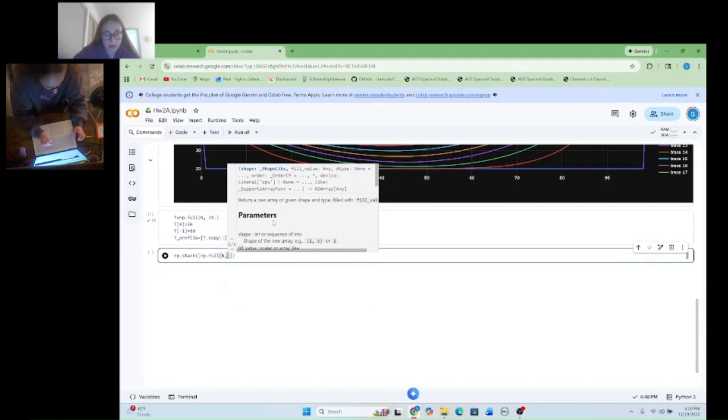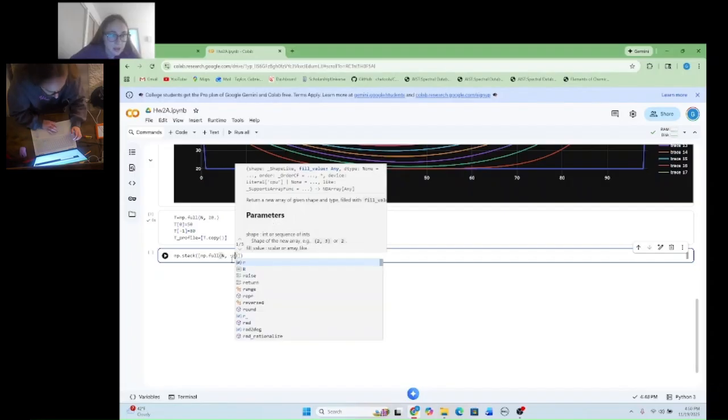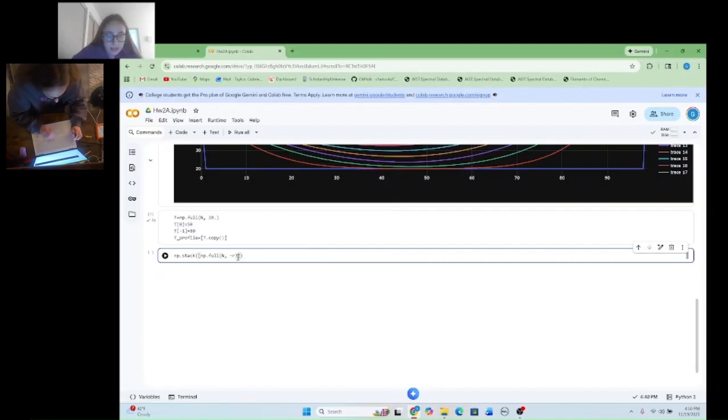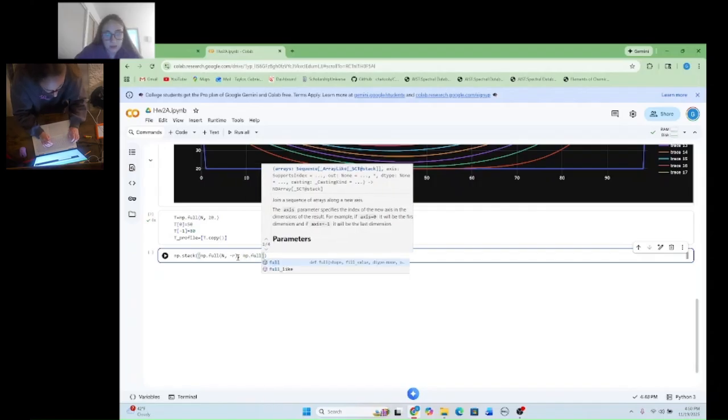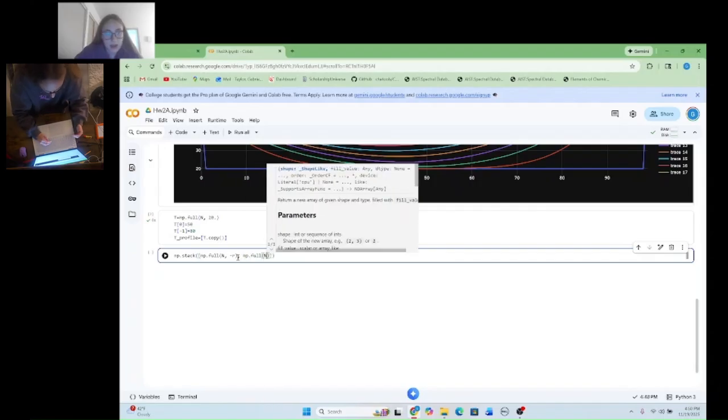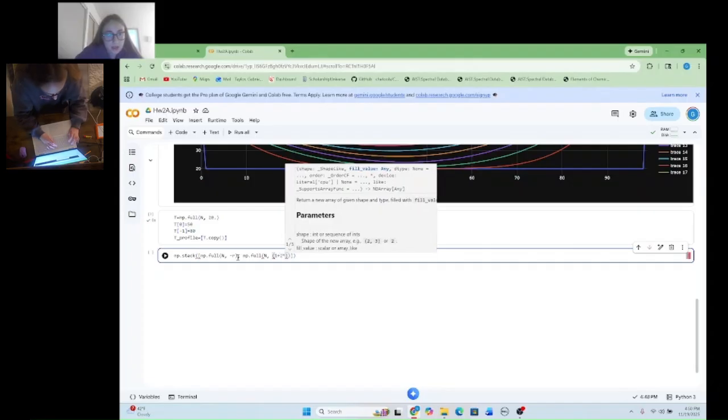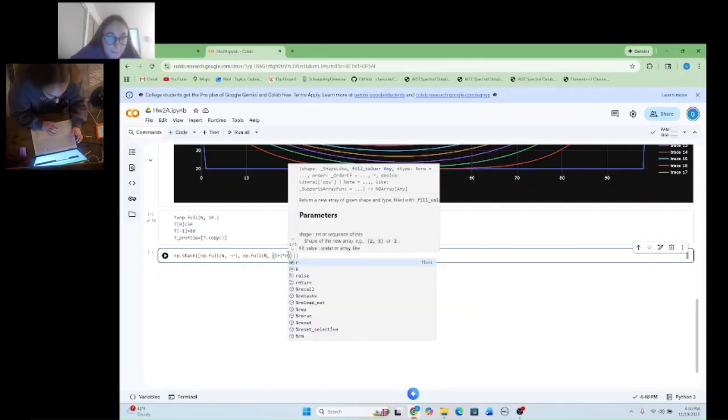So we have this here, and then we have negative r, right? And then from this, we want to do np.full. We have n, and then it's going to be 1 plus 2 times r, okay?